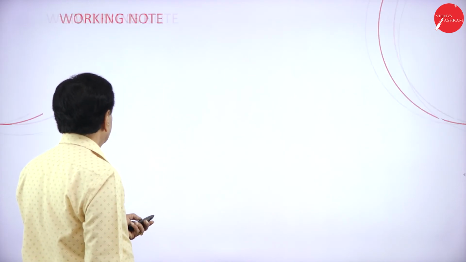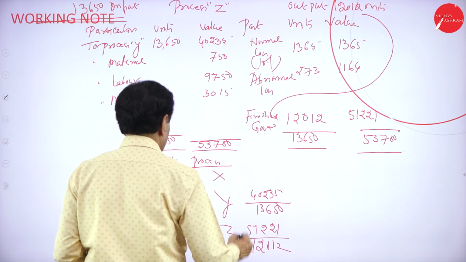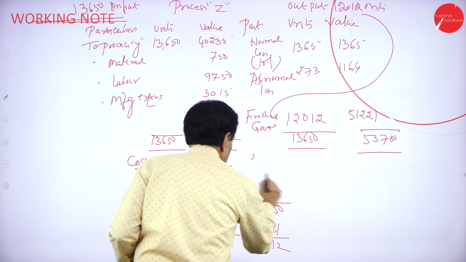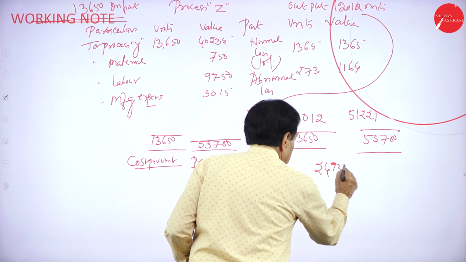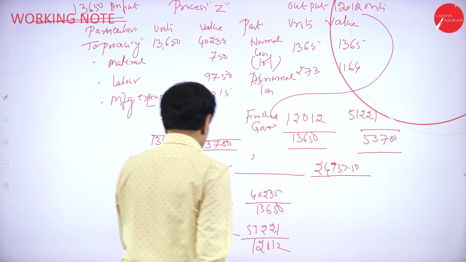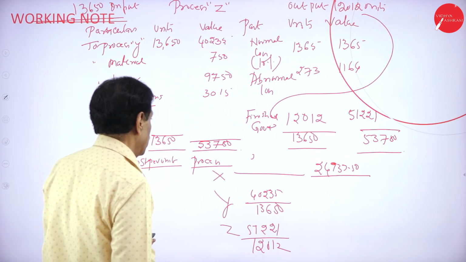Then go to process X: 24,937.50 divided by 14,250.